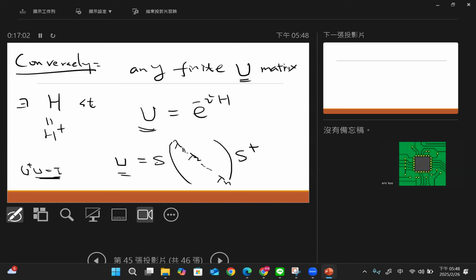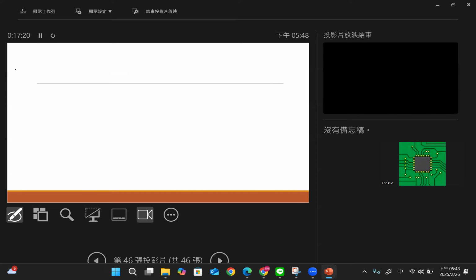Since U is unitary, all of these lambda i have modulus 1. So I can write each lambda i as exponential minus i theta i. That means I can write U as S times the diagonal matrix with exponential minus i theta 1 up to exponential minus i theta n, times S dagger.